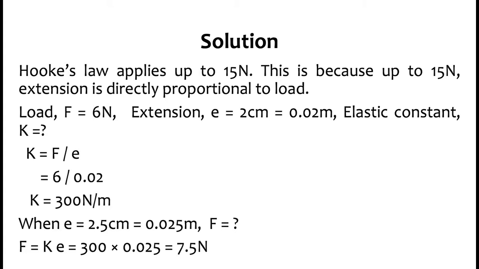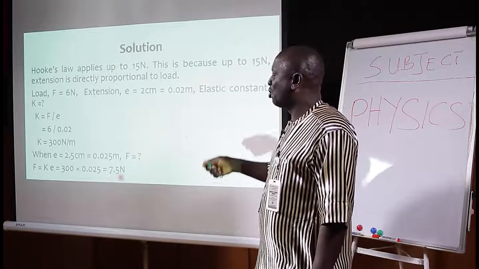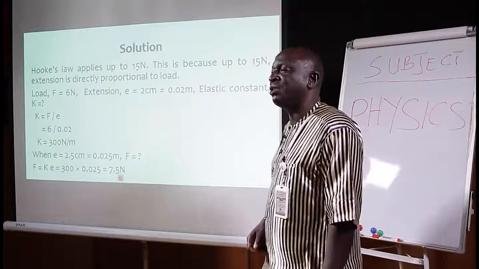From Hooke's law, where we have F equal to Ke, substituting in our values, we have 300 times 0.025, and that will give us 7.5 Newton, which means that 7.5 Newton will produce an extension of 2.5 centimeter.